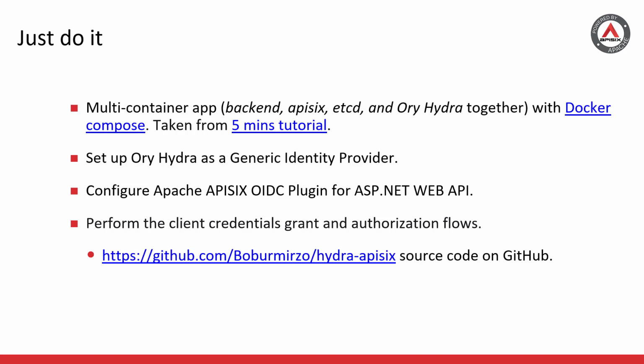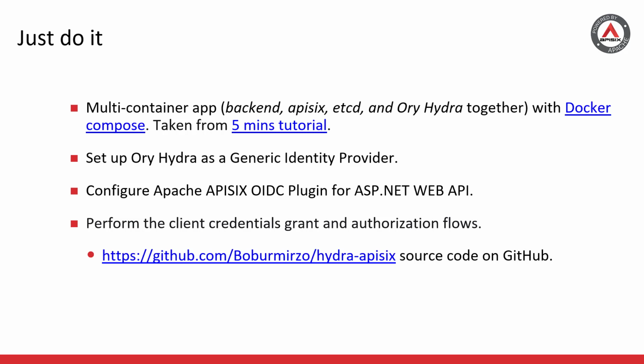We're going to work through how to set up Ory Hydra as a generic identity provider, and then we'll have a look at how to configure the Apache APISIX OIDC OpenID Connect plugin for our existing ASP.NET Web API project, and then we will perform how to enable the client credential grant and authorization flows for the existing API by using Ory Hydra and Apache APISIX.